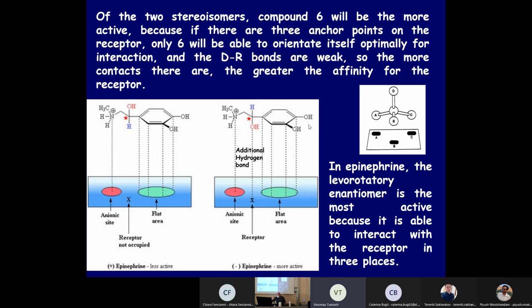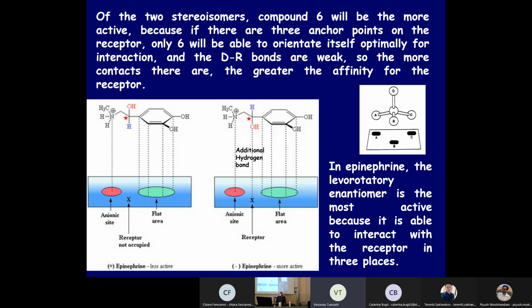Hydrogen bonds of the 2 OH, okay. But in this case, we have an additional bond constituted by the right orientation of this alcoholic group in the right position to give an additional hydrogen bond with the target.